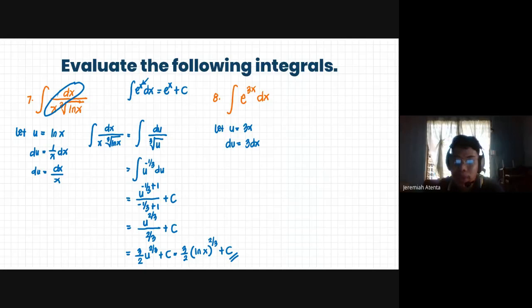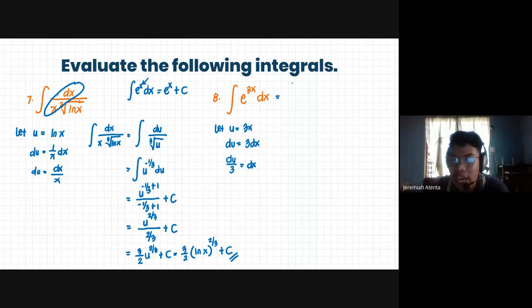So therefore, we will divide both sides by 3. So we have du over 3 is equal to dx. Right? So from that, from the integral of e raised to 3x dx, we will have the integral of e raised to u, and dx will be du over 3.